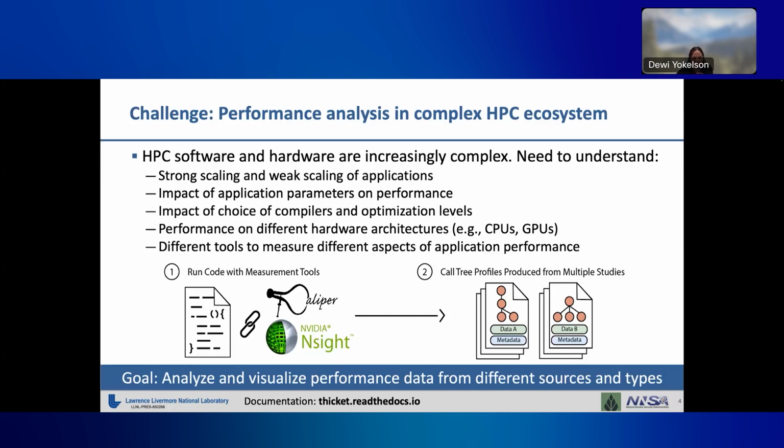As David mentioned, one of those measurement tools is Caliper. You annotate your code with Caliper, and then you can get those performance metrics. Another tool that does this is NVIDIA Insight. Being able to read in that data, generate the call tree profiles, and ingest that data is our goal. We want to be able to analyze and visualize the performance data from those different sources.